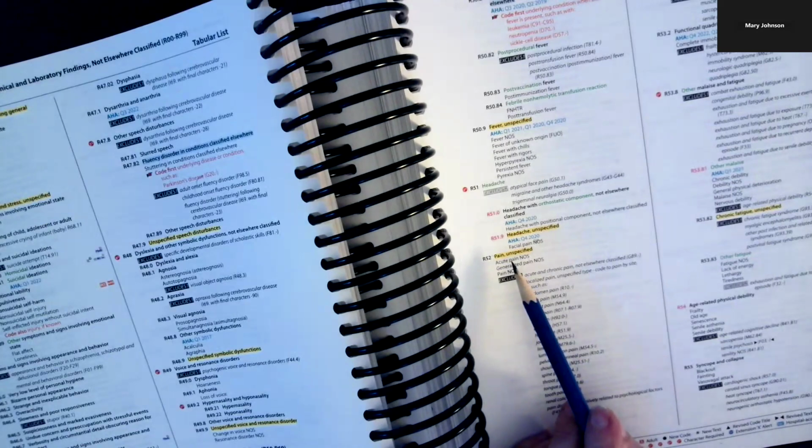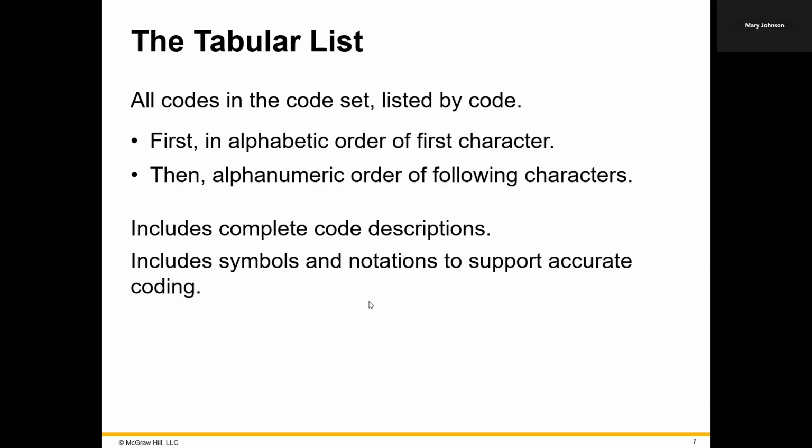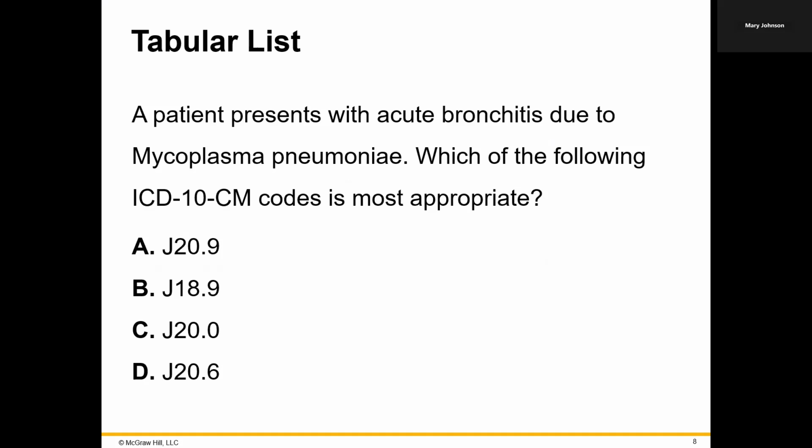Let's go back to our PowerPoint. And let's try the tabular list. Now, you've already found out, right, that the tabular list is in alphabetic order by the first character. Then it's followed by the numbers. Okay. Now, you will also have questions presented to you this way as a multiple choice question.